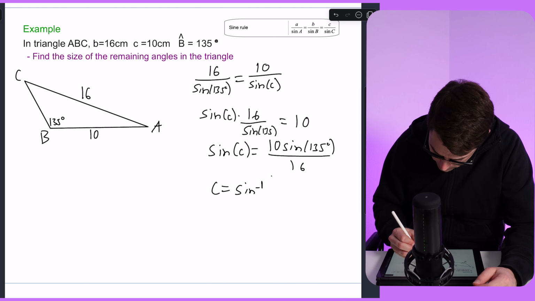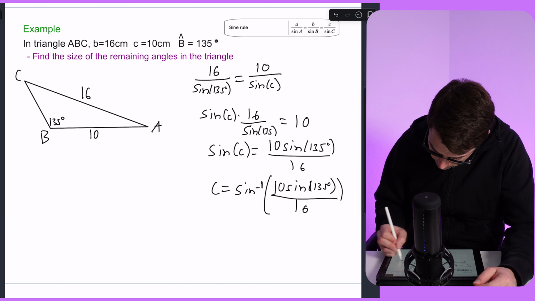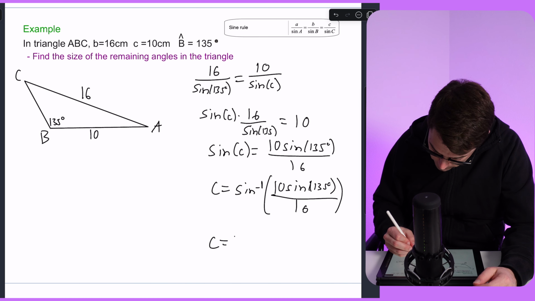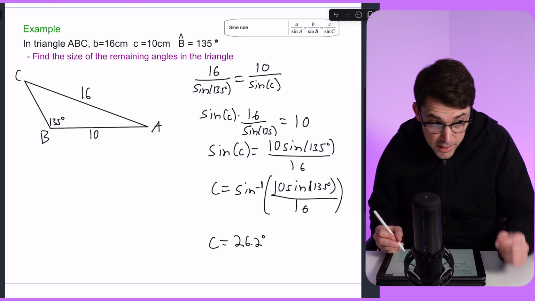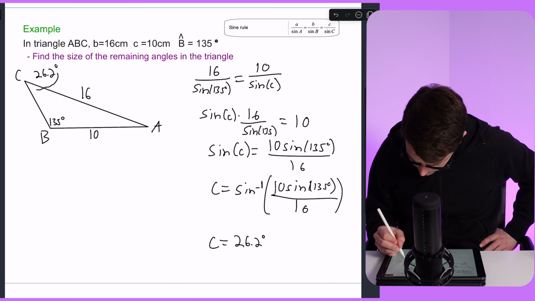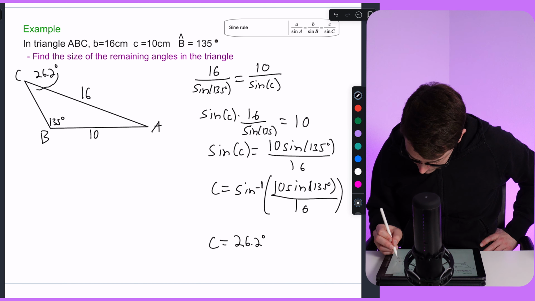Then I want to take all of that over, so I have 10 sine of 135 degrees all over 16. Then I'll take the inverse sine as we did in previous videos, which means that the angle C is going to be the inverse sine of 10 sine of 135 degrees all over 16.